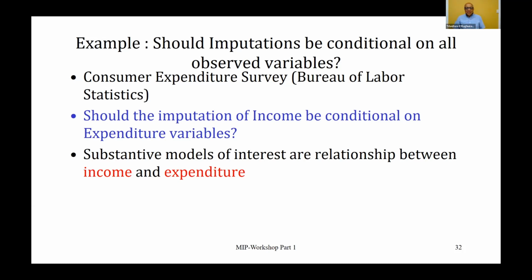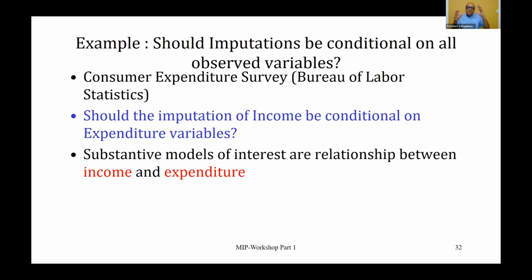It's interesting that people don't mind talking about how much they spend on various things, but they're very reluctant to talk about how much they make. So income has a lot of missing values. Expenditure has very little missing values.